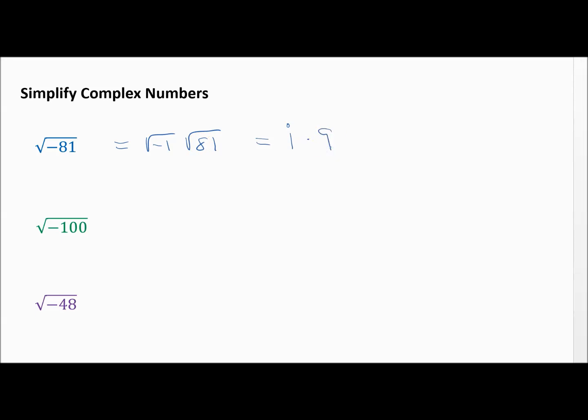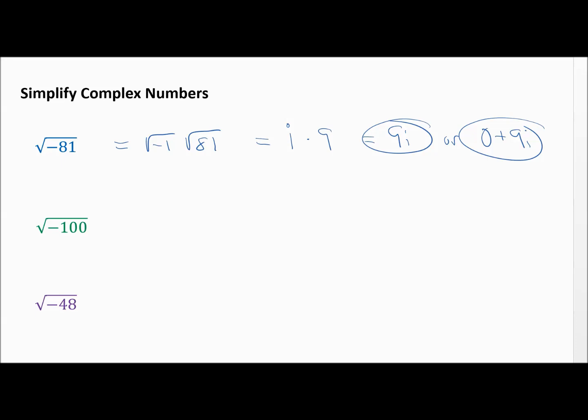Now the next thing I want you to realize is we always write the i in the back when we're multiplying. So this is equivalent to 9i, or if we wanted that in standard form, it would be 0 plus 9i. And either of these is appropriate. 9i or 0 plus 9i.